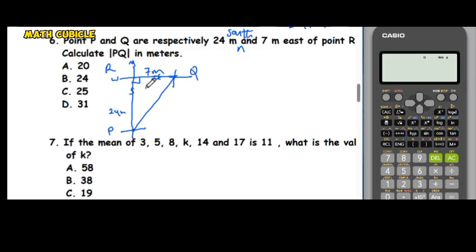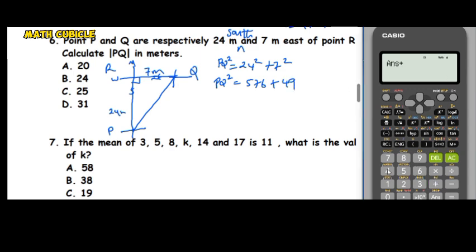Since this is a right angle triangle, PQ square is equal to 24 square. Since it's the hypotenuse we are looking for, it becomes 24 squared plus 7 squared. So PQ square is equal to 24 square is 576 plus 7 square is 49.